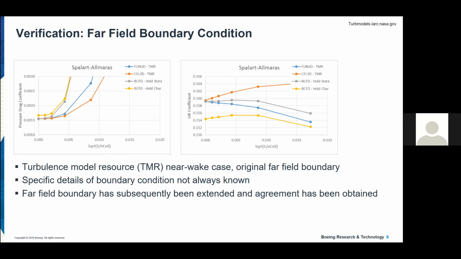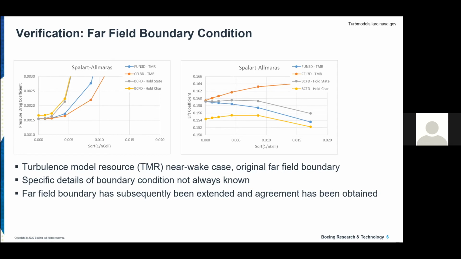For this particular case, it was acknowledged that the far field boundary was close, but that wasn't believed to show any problems. If you look at, for example, the pressure drag coefficient, using Fun3D and CFL3D, they come in very nicely to the same answer, as does BCFD with this hold state condition.